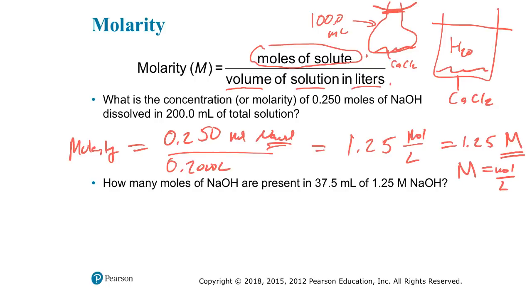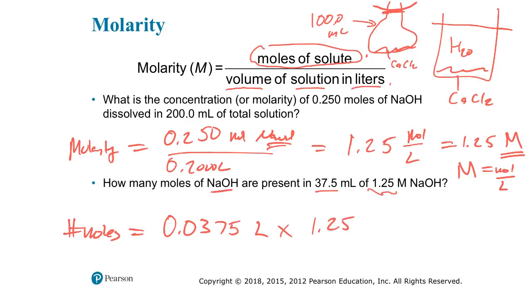Now how many moles of sodium hydroxide are present in 37.5 milliliters of this 1.25 mole per liter solution? So we can calculate the number of moles. If we were to take a quantity of this solution, let's convert that very quickly into liters, 0.0375 liters. So I can multiply that by 1.25 M, but I'm never going to write M in a problem. You guys might, but I'm not going to. I'm going to write mole per liter. Mole of sodium hydroxide per liter of solution.